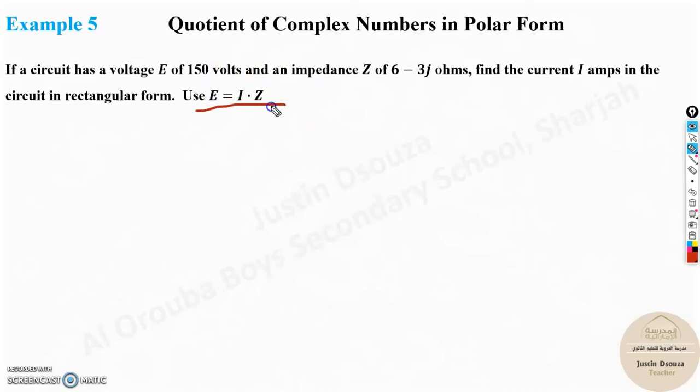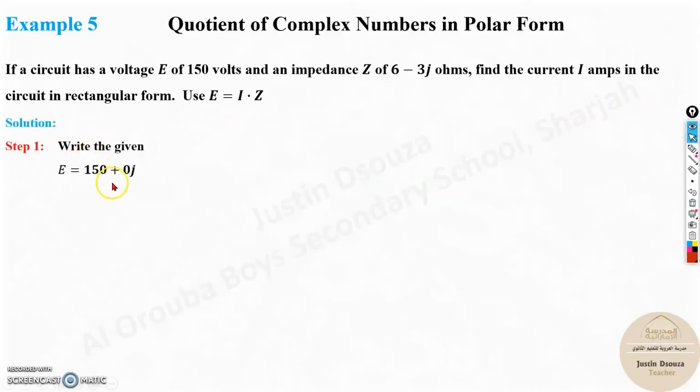Now, what is the current then? It is the voltage divided by resistance, E by R, or in this case E by Z. So this is equal to I. So basically what you have to do is find the division quotient of E and Z. That is what is required.